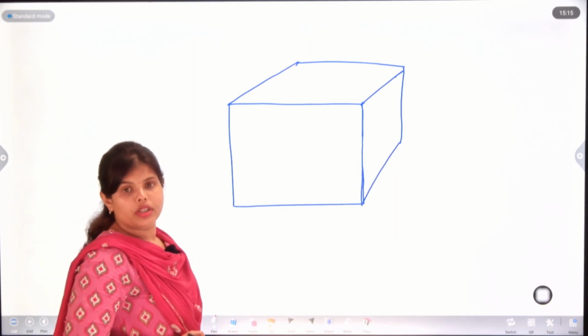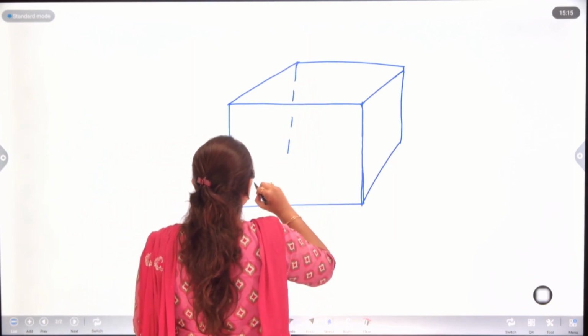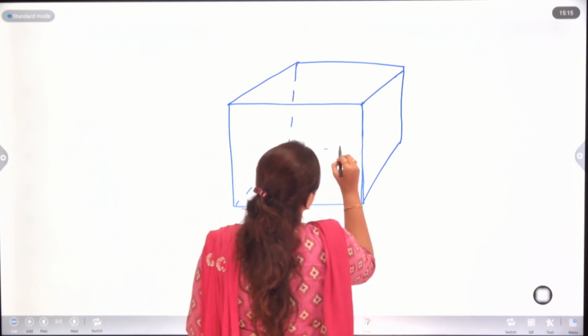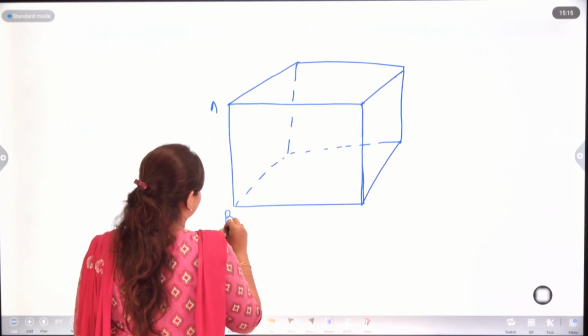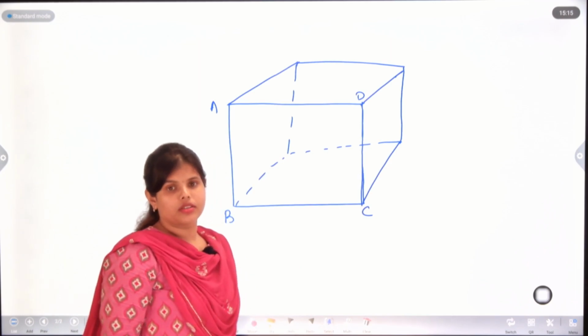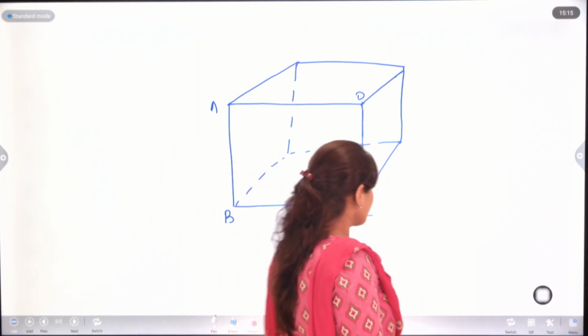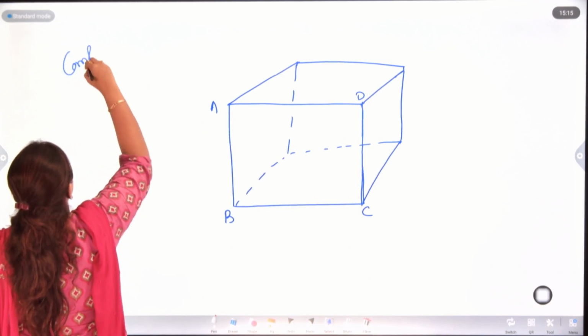Here we got the block. Now we can do this in dotted lines. We have the A, B, C, D block. Now we will see how compound stress is formed.